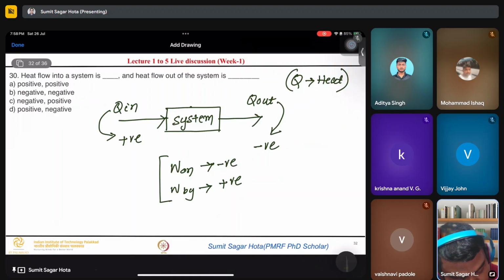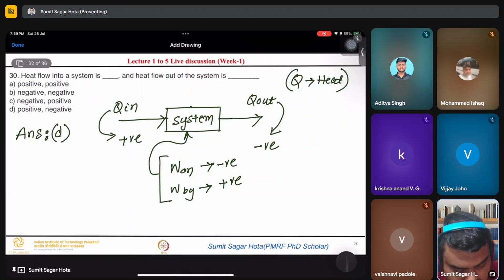Okay. This is the sign convention in thermodynamics, for any thermodynamic system.